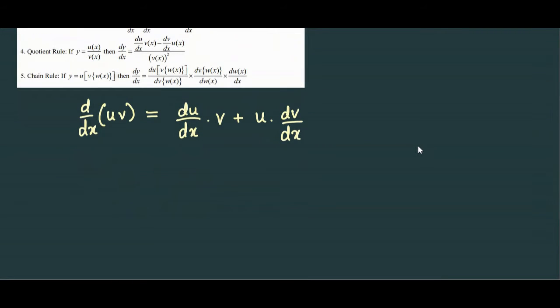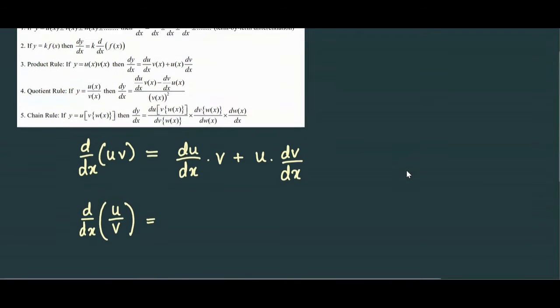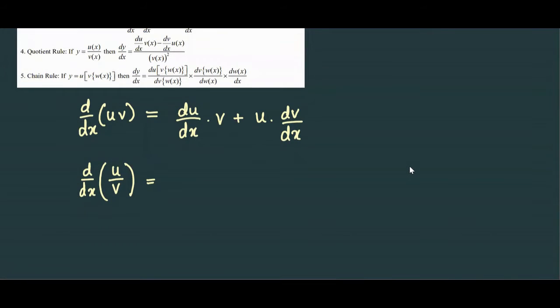Now, the quotient rule. The previous one was the product rule. This is the quotient rule. In the quotient rule, the denominator will be v square.